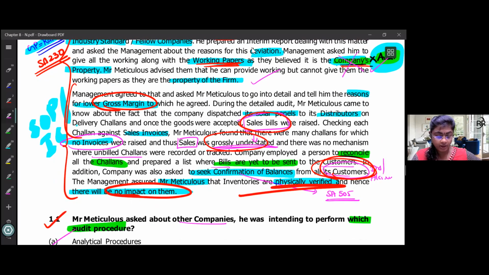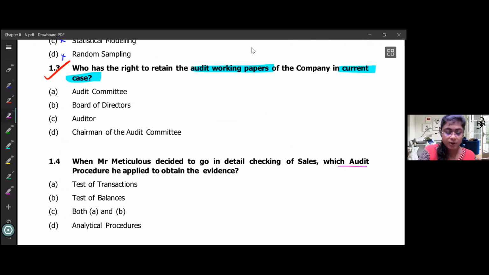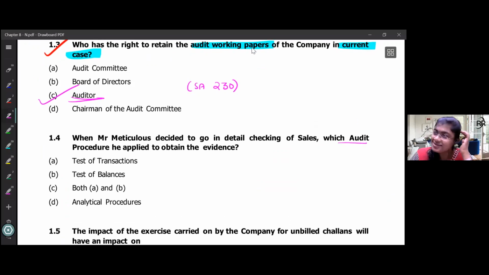So in the given case, working paper naturally belongs to the auditor as per SA 230. Remember a sentence in SA 230? Audit working papers are the property of the auditor. He may at his discretion make available extracts or copies to the client.